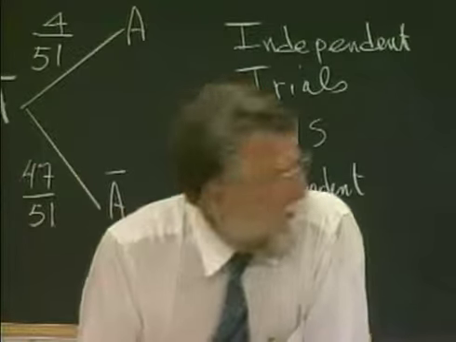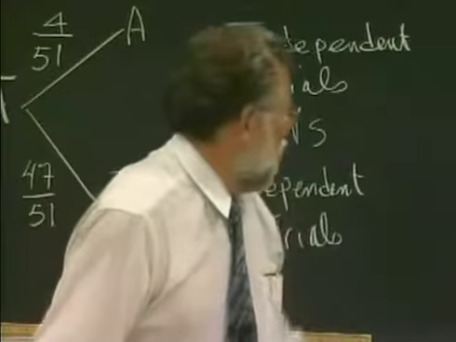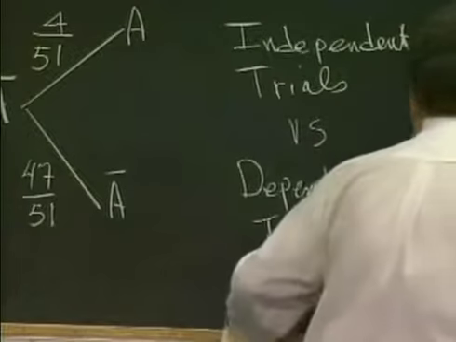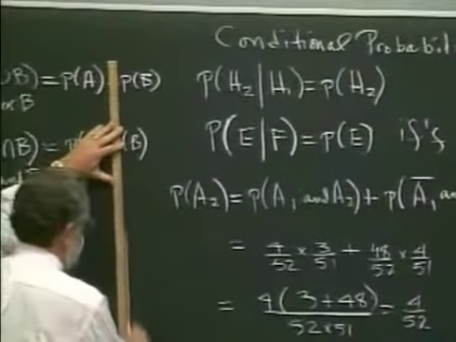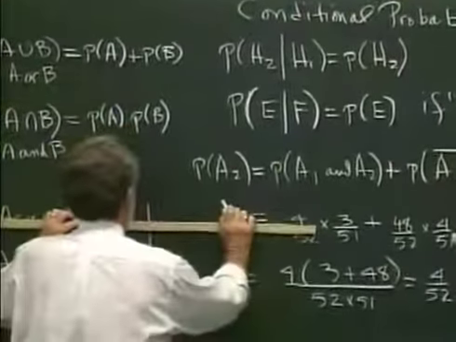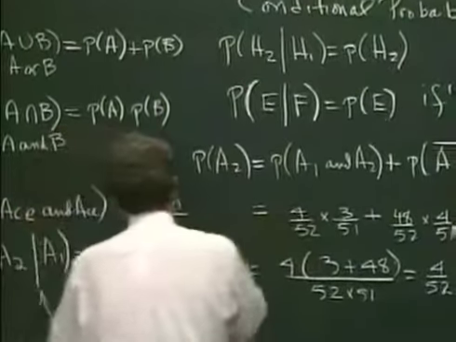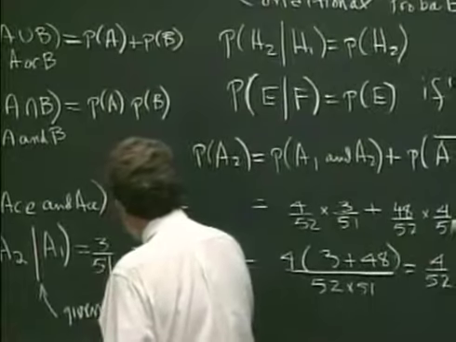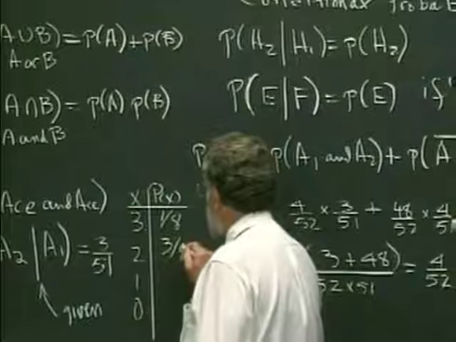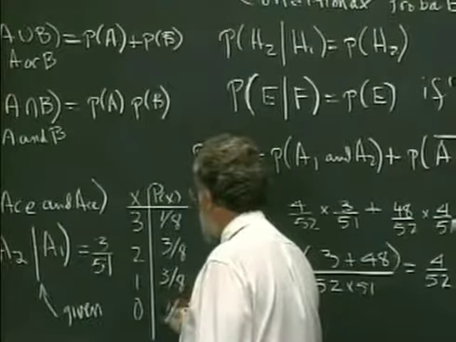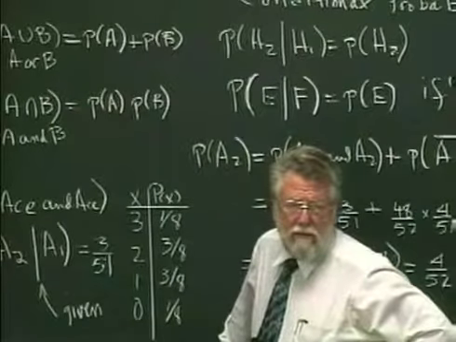So I could make a very simple table, as long as I can draw that tree diagram. And we said 3, 2, 1, and 0, and you just agreed, I hope, that these probabilities came out of that. So I have a probability model for tossing 3 coins.